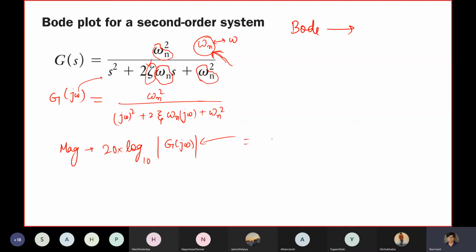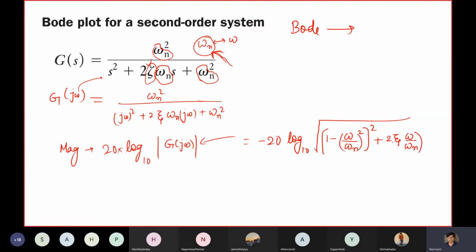For this particular case, we get minus 20 log base 10 under root of (1 minus (ω/ωn)²) whole square plus (2ζ ω/ωn) whole square. Okay, this square plus this square. This is what you will get if you do the magnitude analysis.